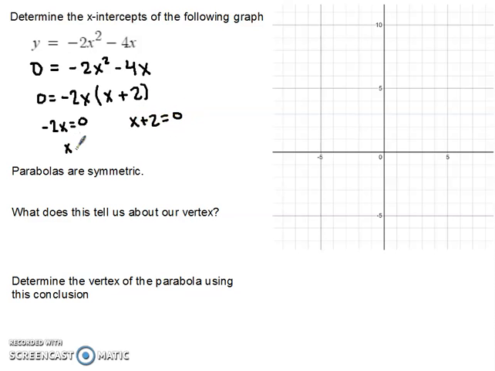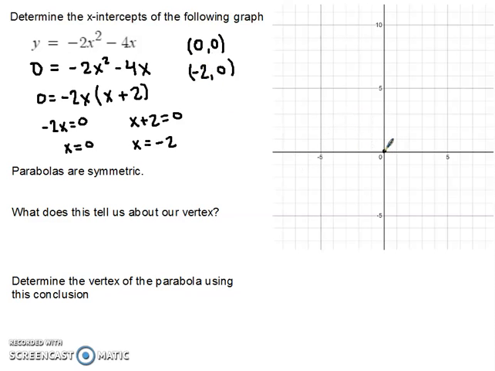So solving, I've got x is equal to 0, or x is equal to negative 2. So when y was equal to 0, I got two solutions. My first one was x equals 0, and the second is x equals negative 2.